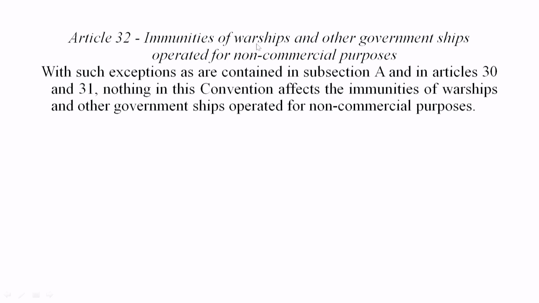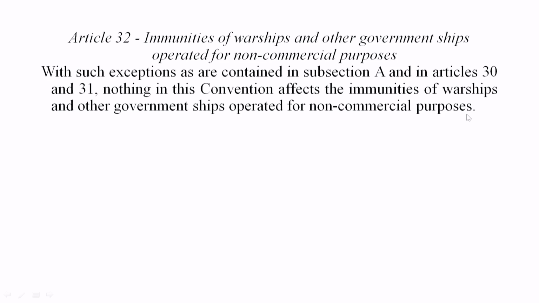Article 32, immunities of warships and other government ships operated for non-commercial purposes. With such exceptions as are contained in subsection A and Articles 30 and 31, nothing in this convention affects the immunities of warships and other government ships operated for non-commercial purposes.